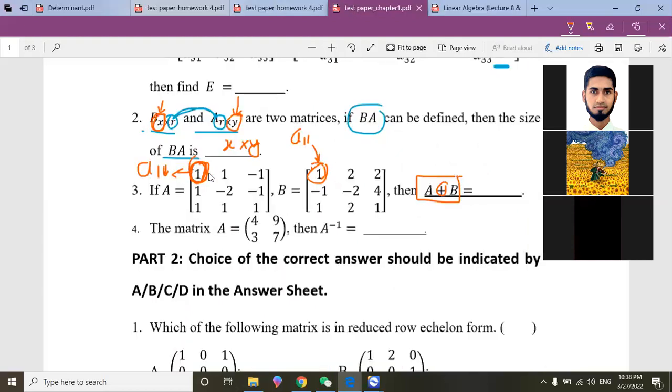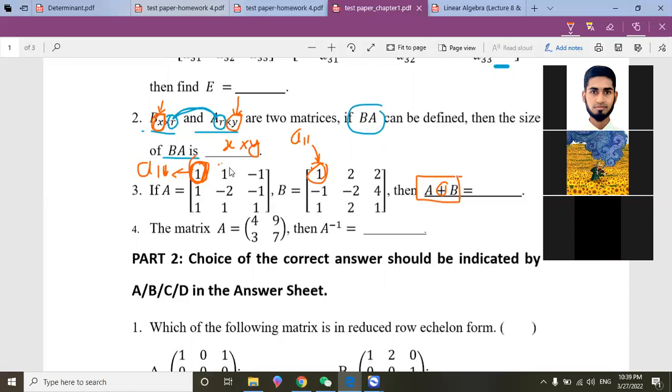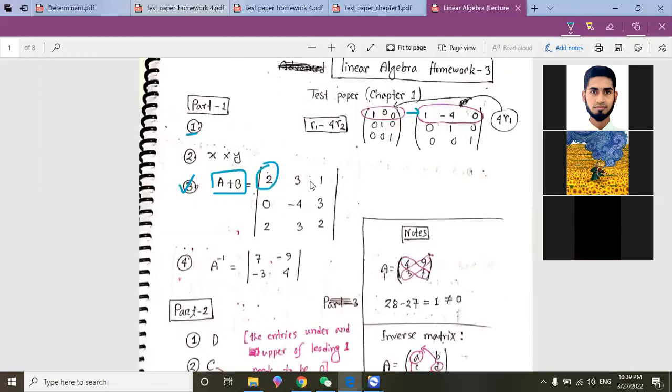So 1 plus 1, that will be 2, right? And then down here, this entry and this entry. So 1 plus 2, it will be 3. So this way we calculate all other entries. So this one will be our answer.